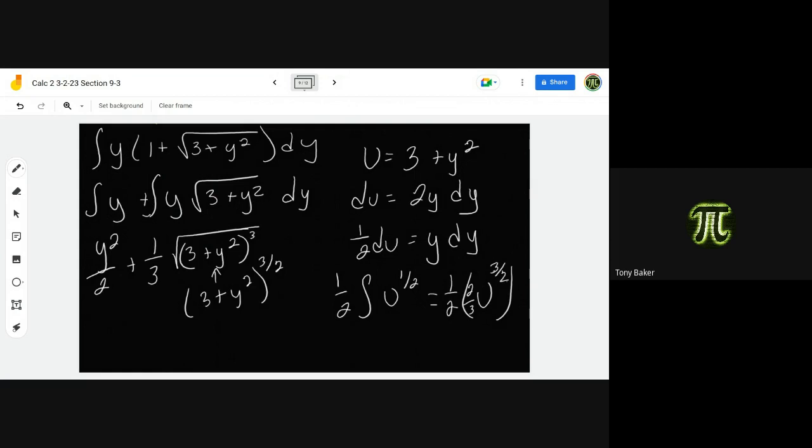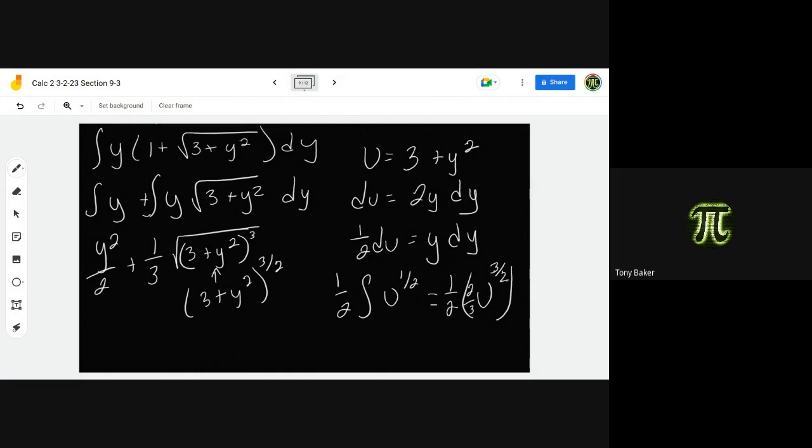So I took the u. So this is correct, right? Oh, I see. You're right. I plugged back in the u. I think the book left it as derivative. No, that's backwards. The denominator is your root. The exponent is your numerator. So it's the square root. That's what that says.